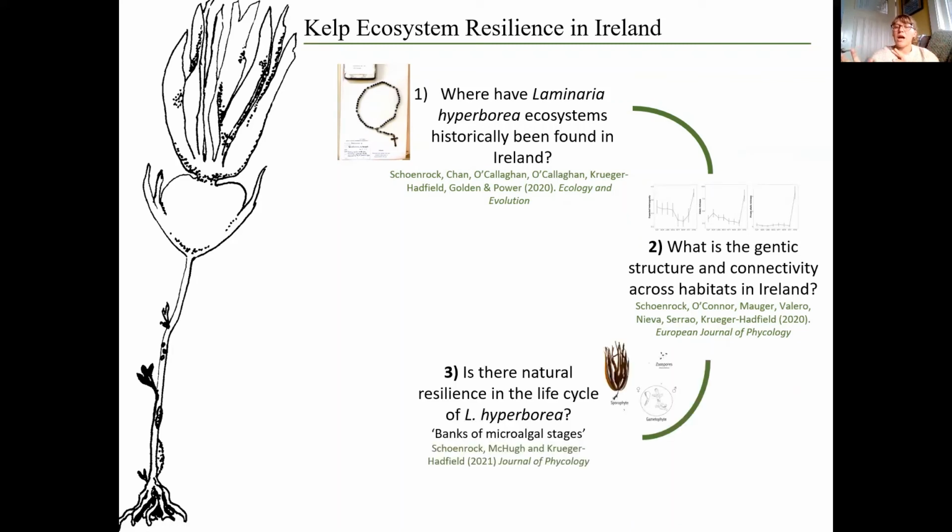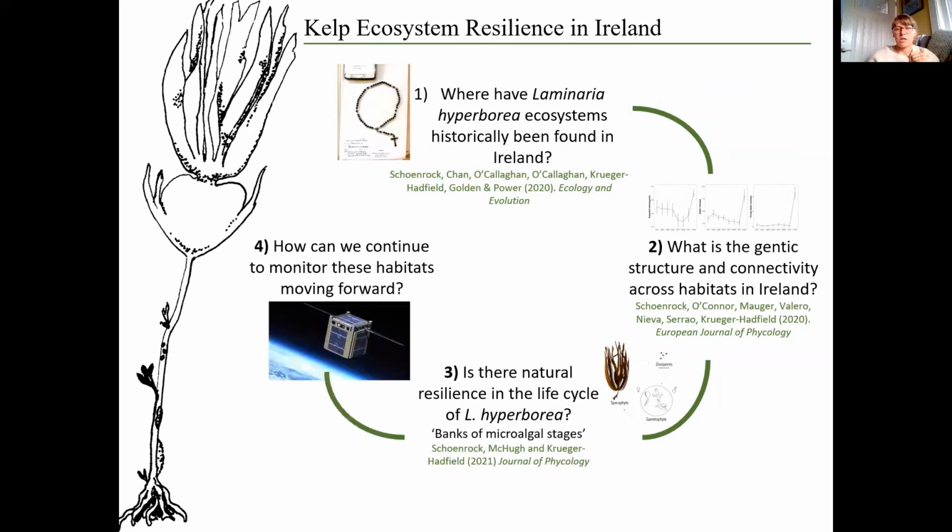We're also looking at the ecological resilience, so whether or not there's a bank of microalgal stages in the biofilms, the benthic habitat in kelp forests, that might facilitate recovery of these ecosystems after a disturbance. This is very similar to what you might find in grassland habitats after a fire. We don't know whether or not it exists, and that's what we're hoping to target with our research project.